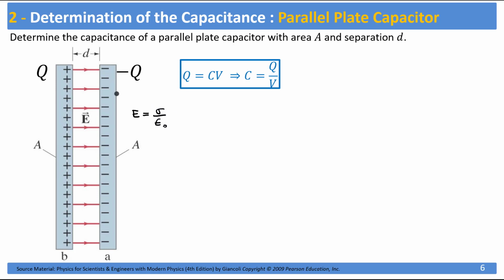And sigma is our charge density, which is equal to Q over A. So we are going to have the electric field equal to Q over A epsilon 0.